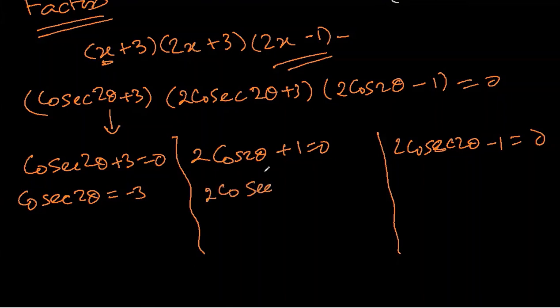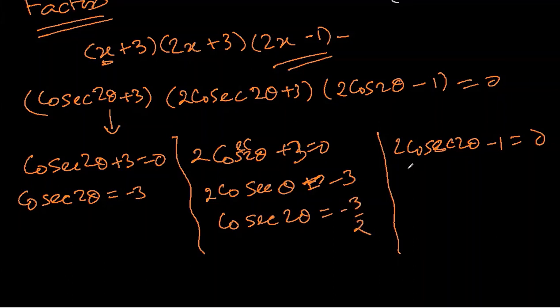And 2 cosecant 2 theta plus 3 equal to 0, so it will equal minus 3, so cosecant 2 theta equal to minus 3 over 2. By the same method, cosecant 2 theta equal to half.